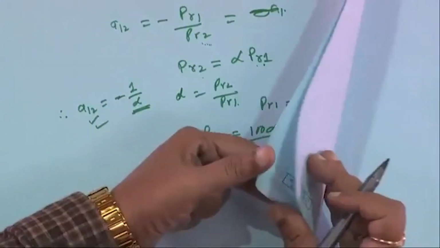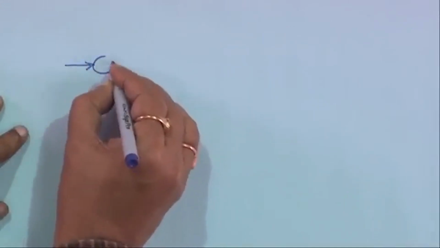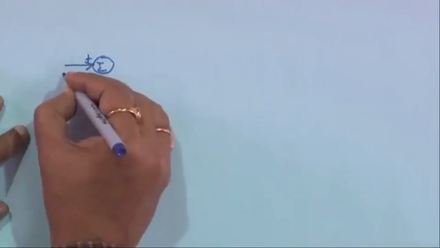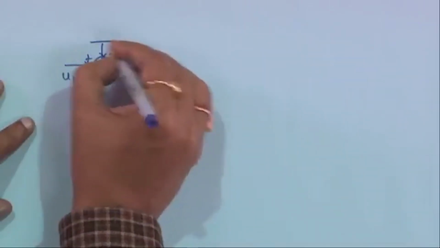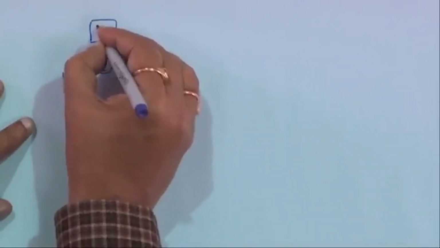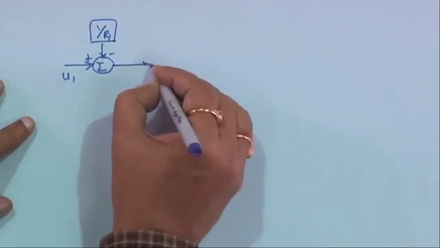Just hold on, I am showing you. It will be something like this: this is your system, this is U1, and area 2 nothing will be there. This is 1 upon R1, or 1 upon R, same thing.